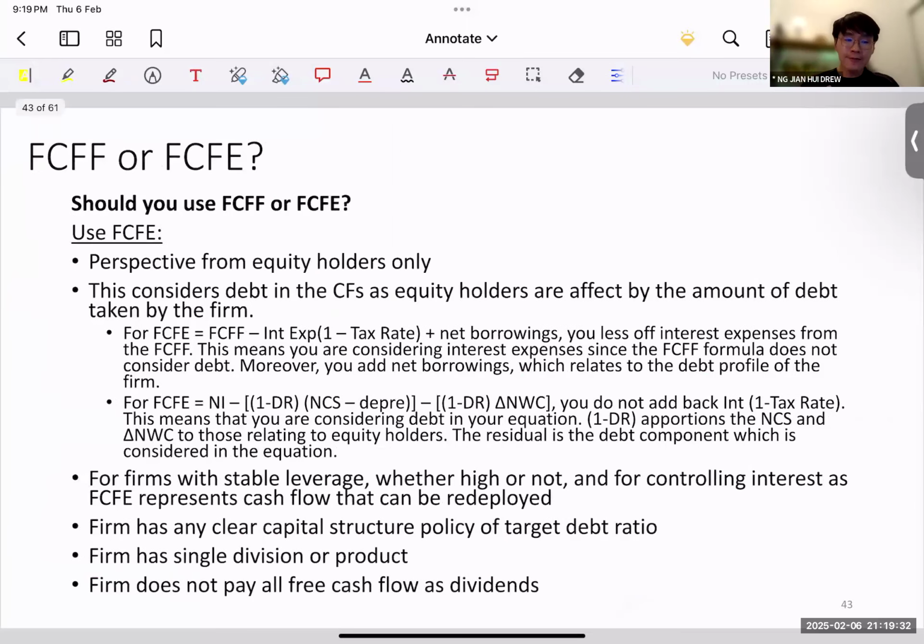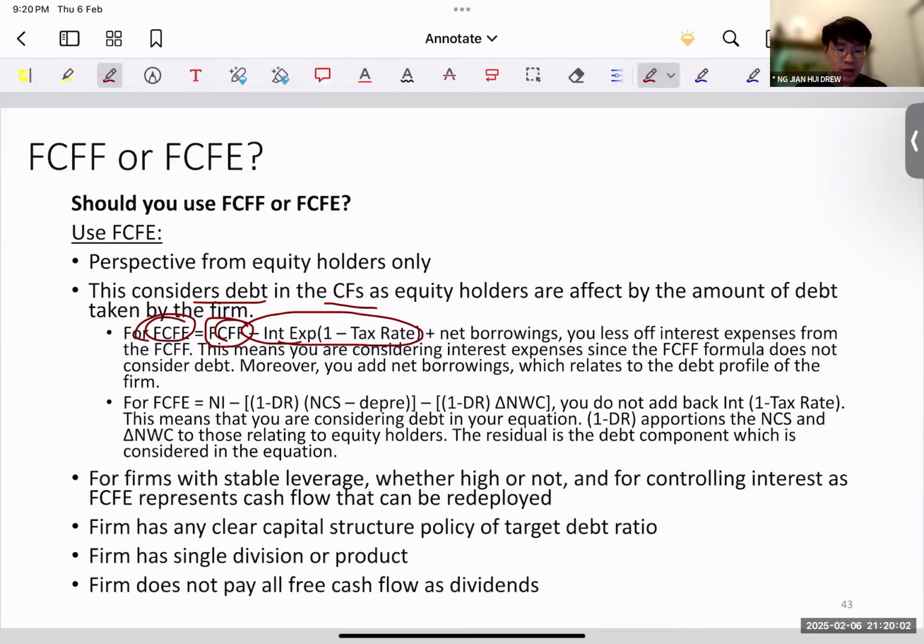Now, going to the FCFE, we are taking the perspective of just the equity holder, right? And so this means that we have to consider debt in our cash flow as an equity holder, which is the reason why we need to minus the interest expense from the FCFF formula to get the FCFE.